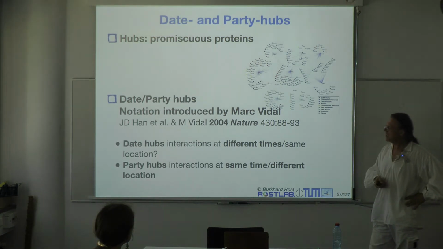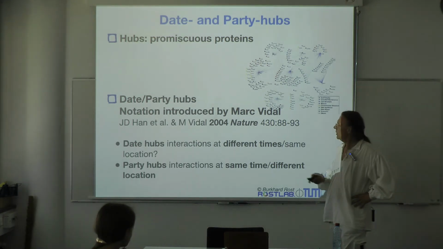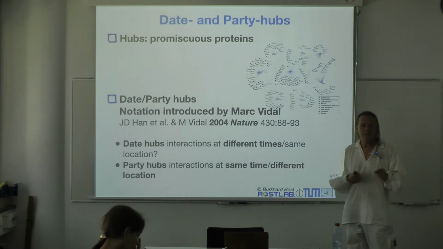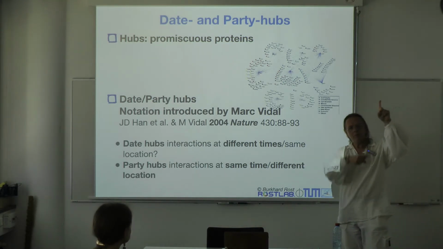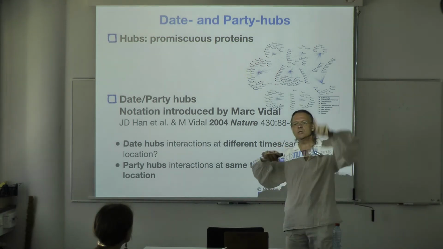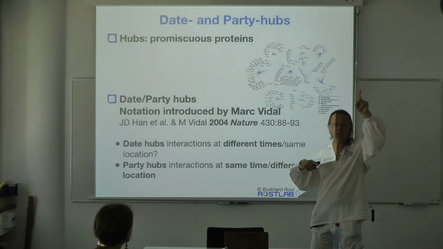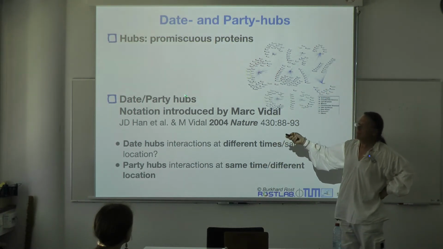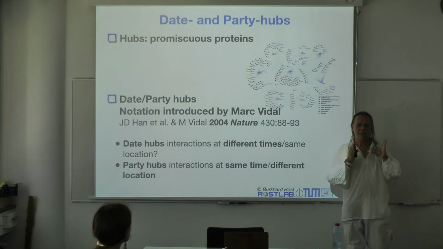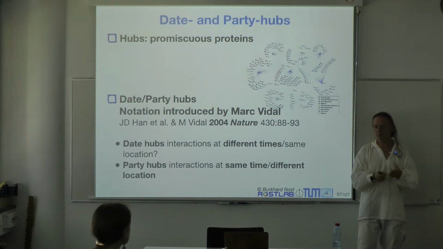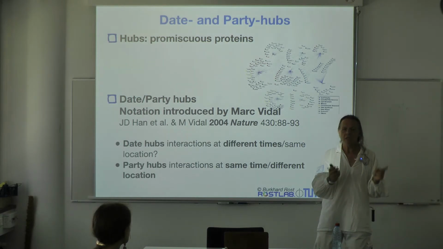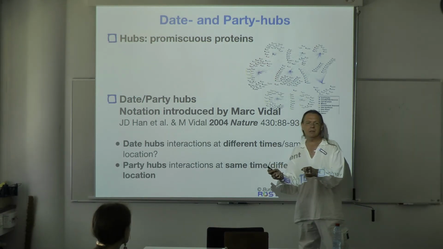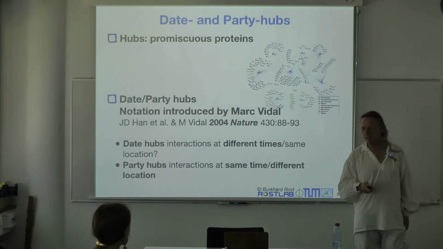And in this notation here, you would expect that the one where we have more binding sites leading to more binding partners is in fact the party hub. While the date hub is one binding site with a certain number of binding residues, and you bind with the same thing to many other partners, and you will not see that one, right?